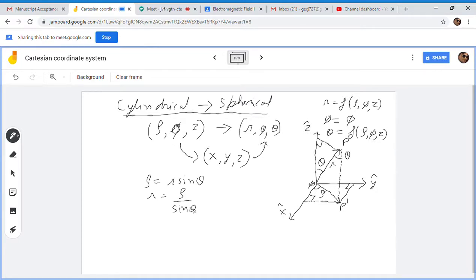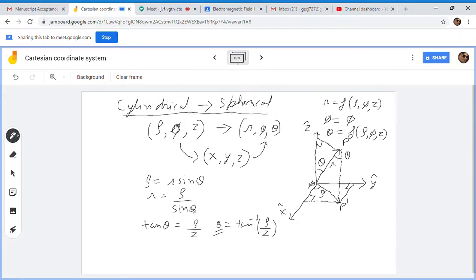Now the second dimension which you can directly find is by applying tan theta. So what will be tan theta? Tan theta will be rho by z. So theta will be tan inverse rho by z. What you have is theta in terms of rho and z.